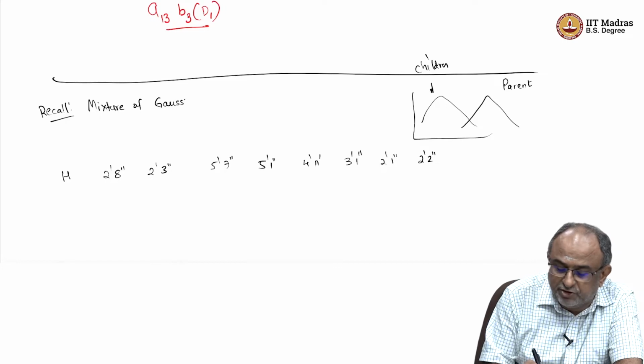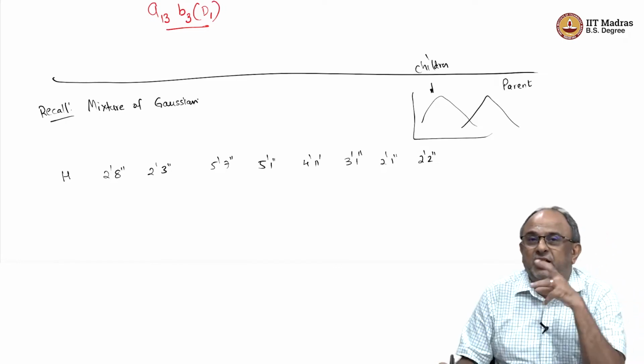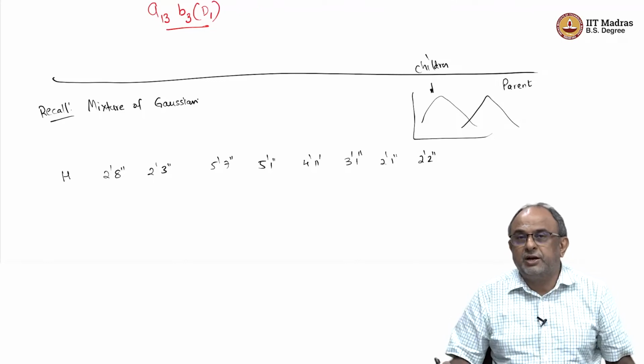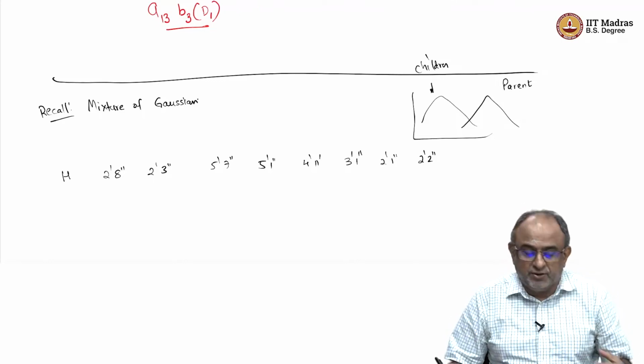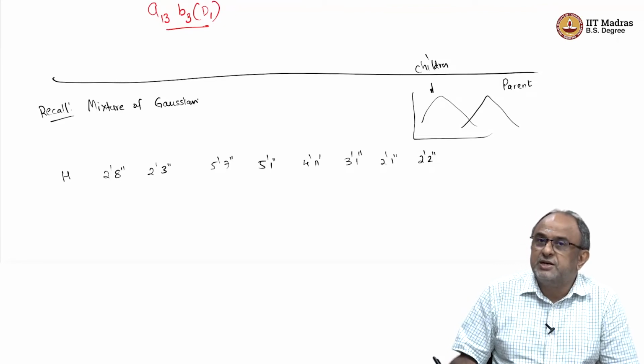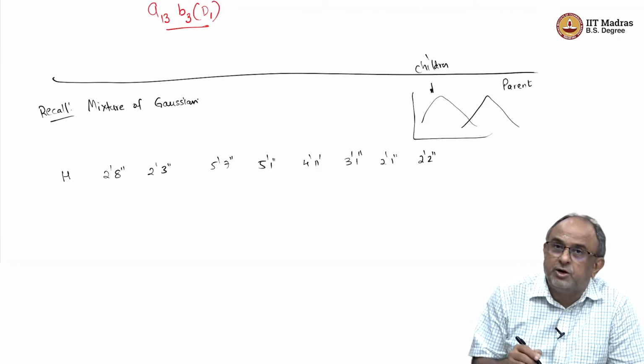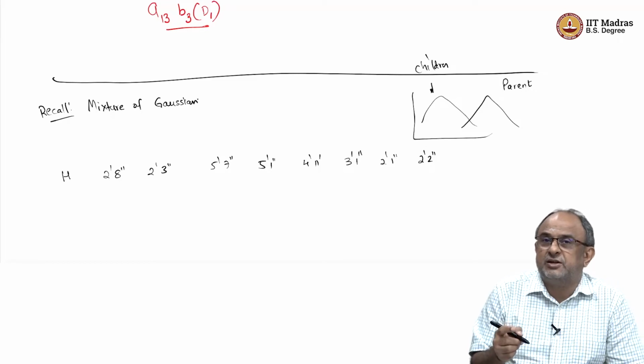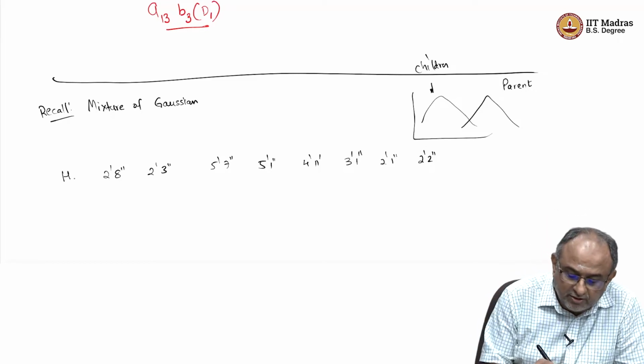So if you look at mixture of Gaussians, we had this idea of an iterative algorithm, right? I take some random initial estimates of the density functions, then use this measurement to assign a class. The hidden variable is, this is the height, okay.